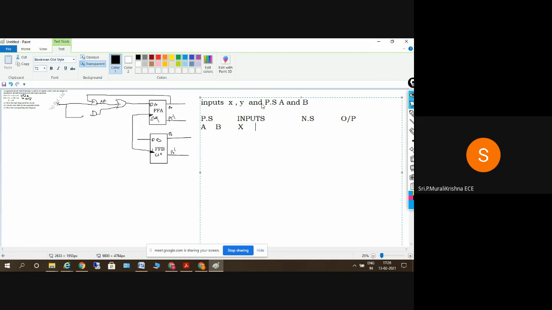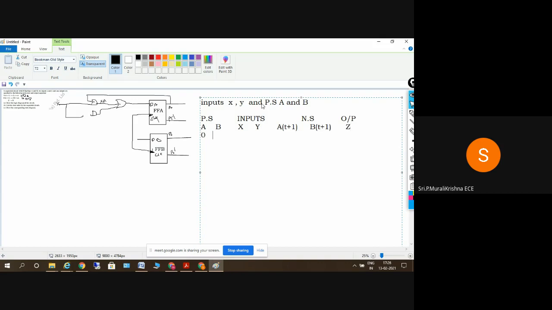So we have 2 inputs and 2 present states, so 16 combinations we'll get here. And next A of t plus 1, and next we have B of t plus 1. Output is Z, so that is equal to B.